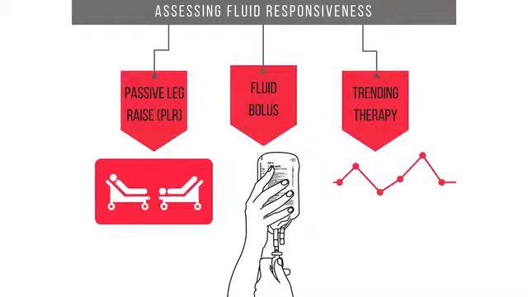A passive leg raise is a non-invasive fluid challenge that uses the patient's own fluid volume to directly challenge the heart with volume and measure its response, right? We're really measuring the heart's response to the fluid. After gathering baseline data, while the patient sits semi-recumbent, we lay the patient back and we elevate their legs to 45 degrees.